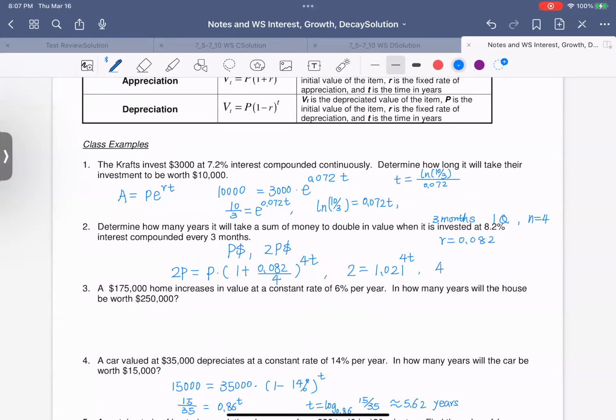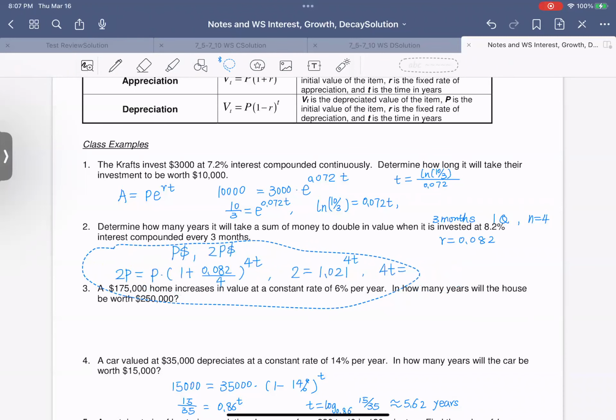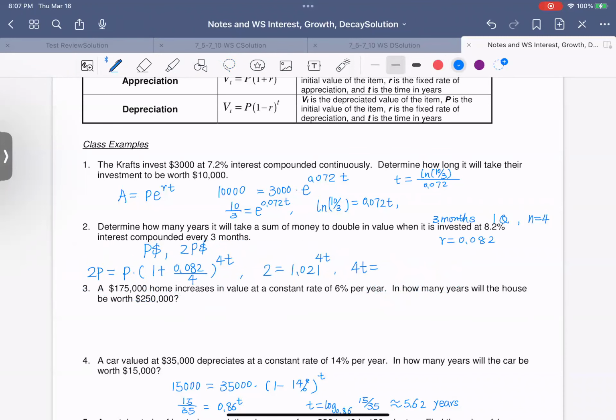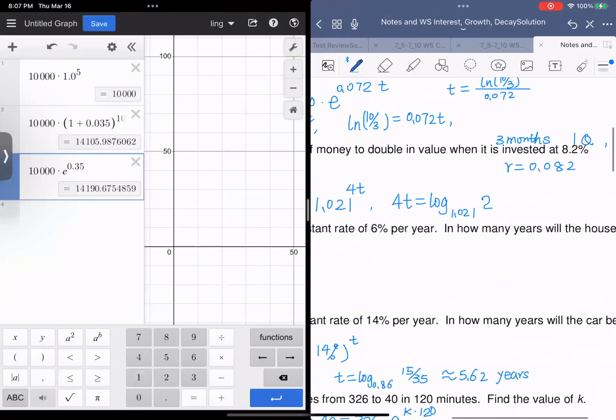So 4t is... we are using the log concept. Log base who? This is the base, right? Yes. After we learn this, you can use this formula to predict.